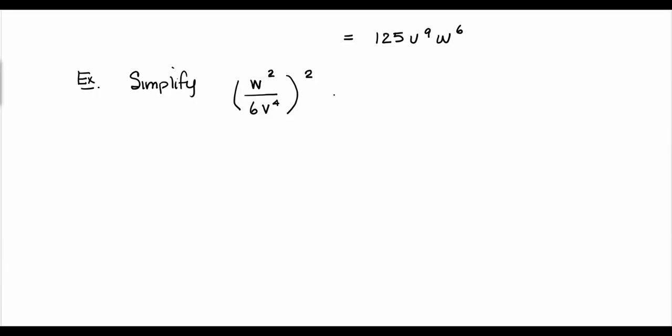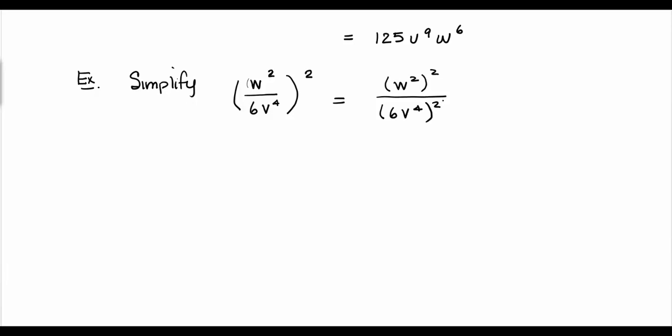Now again I'm going to break that apart. This is like saying I have w squared on top, still squared, and then on the bottom I have 6v to the 4th, and that whole thing is squared.